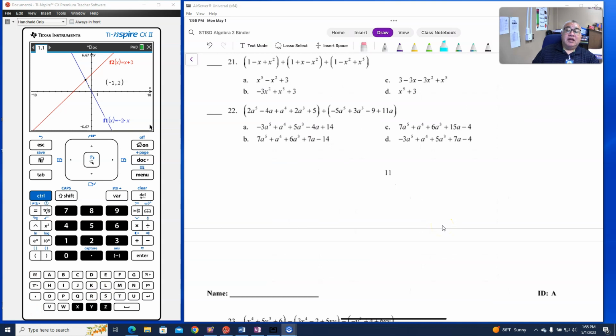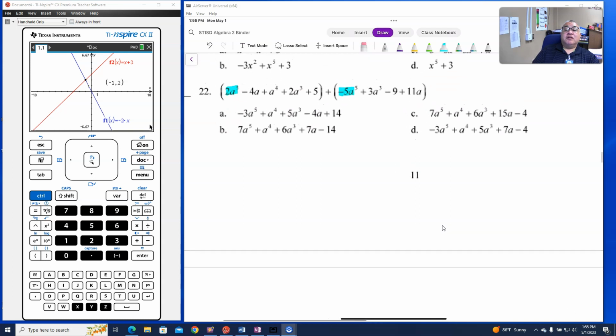So I'm going to go ahead and add the ones that are alike. And you notice that those two are alike. So we have 2a to the 5th and then you have -5a to the 5th. So what you have is -3a to the 5th. The next one I have is -4a, and I have 11a.